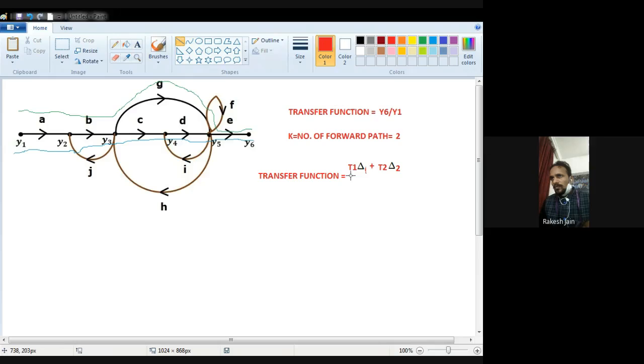Yes, once I write down the formula, then it will be simplified.